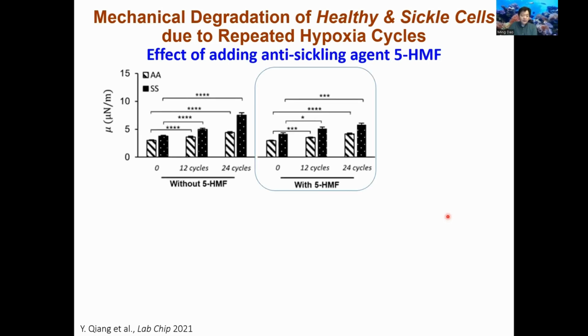This is the shear modulus versus number of cycles. This figure we just showed without anti-sickling drug. But if you treat it with this 5-HMF as an anti-sickling drug, you can see that with reduced sickling, you can mitigate the degradation of these sickle cells.